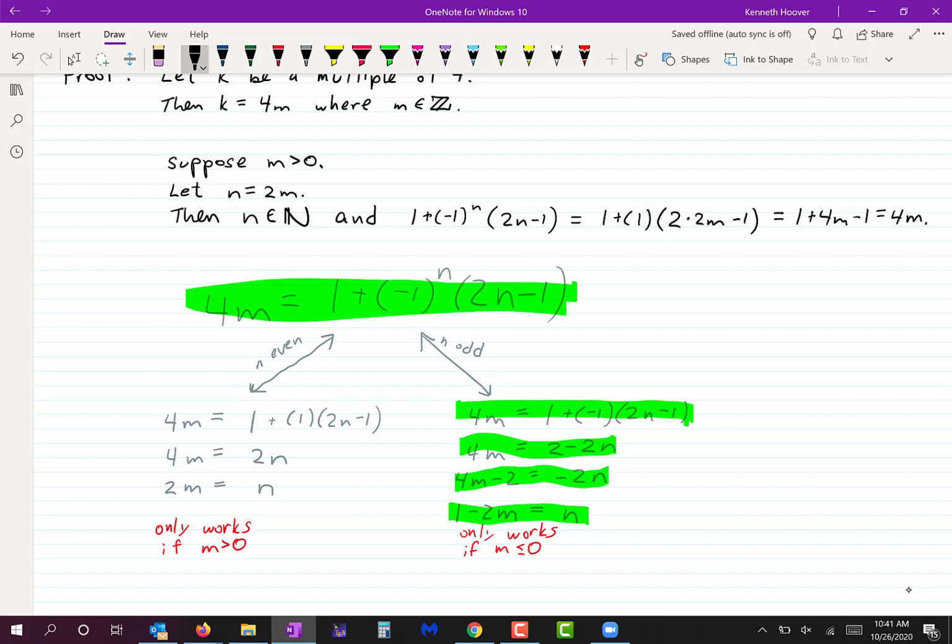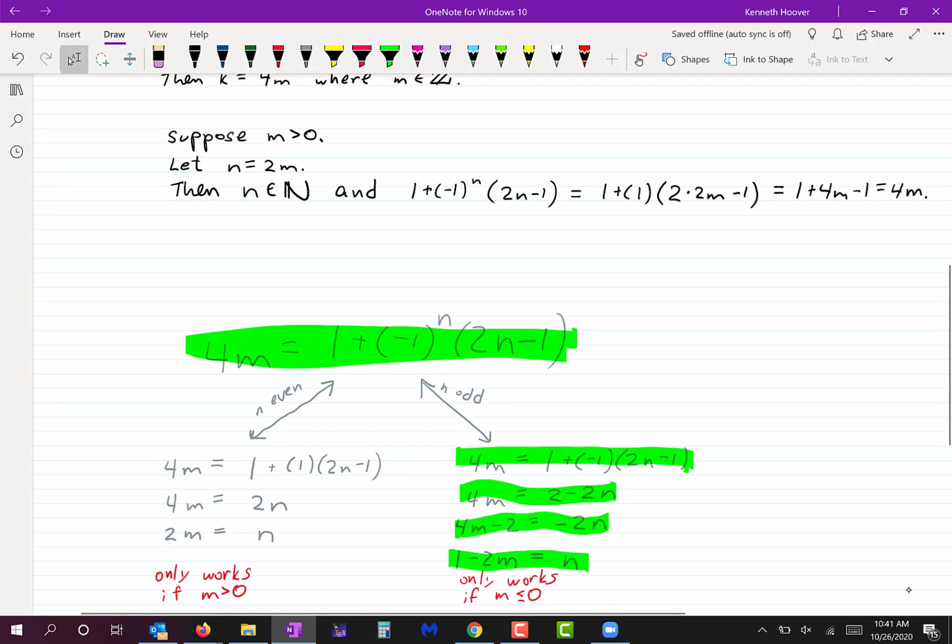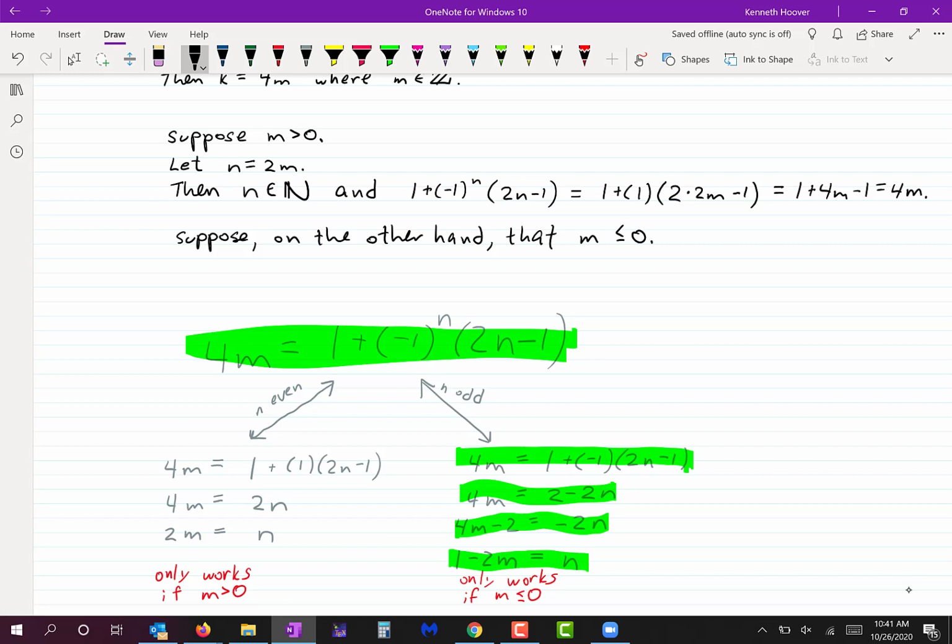Done with that case. Okay, and then I'll do the other case. Suppose, on the other hand, that m is equal to or less than 0. Let n, in this case, equal 1 minus 2m.